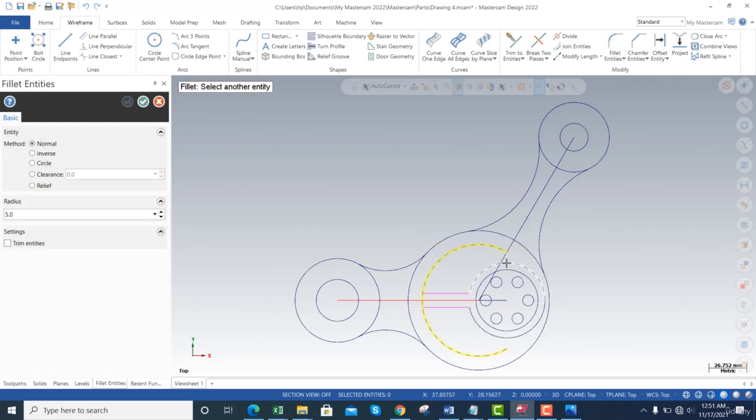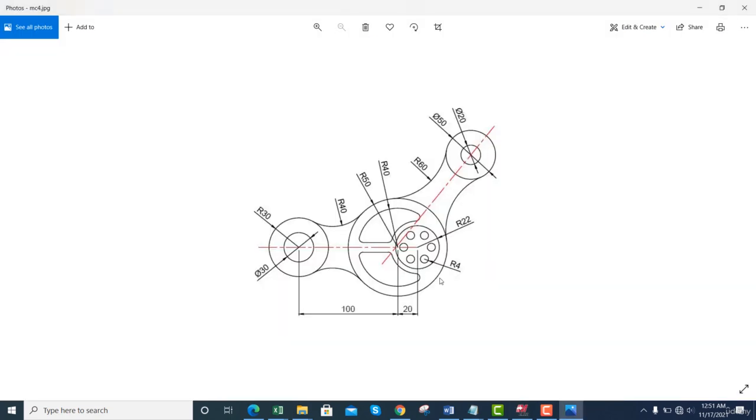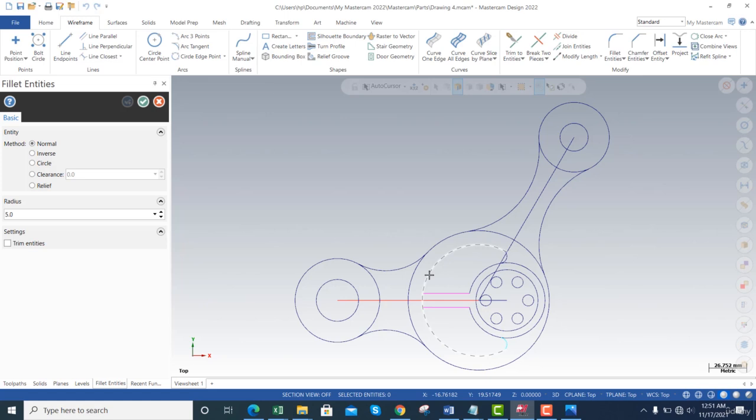This one and this one. And I will trim entities. No, I will not trim. And this, like this. Similarly, at this point, like this and this.